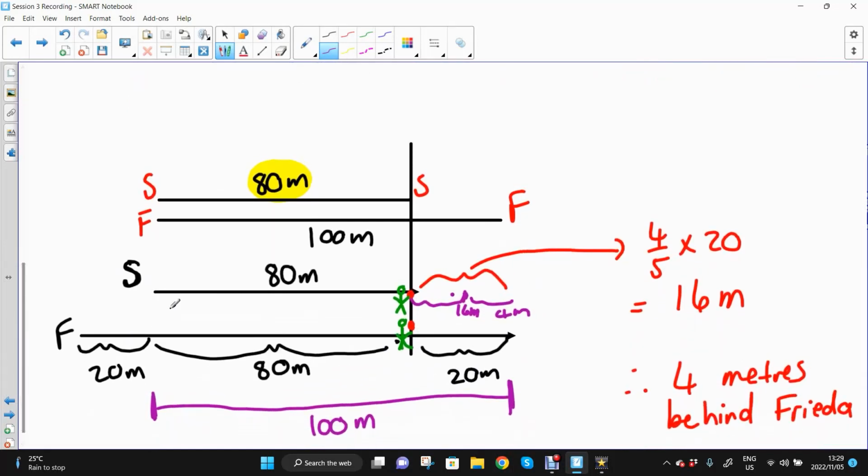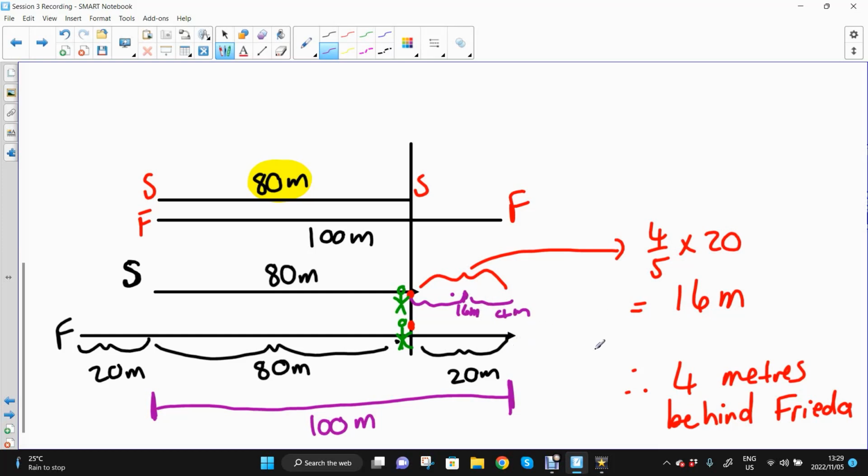So remember, the 100 meters starts there, and after 80 meters, Farida still needs to run 20 meters to win this race. So we want to know where exactly Sumaya is at this point. We know that Farida needs to run 20 meters. So 4/5 of Farida's distance will be the amount of distance that Sumaya would have run at that stage. And that gives us 16.